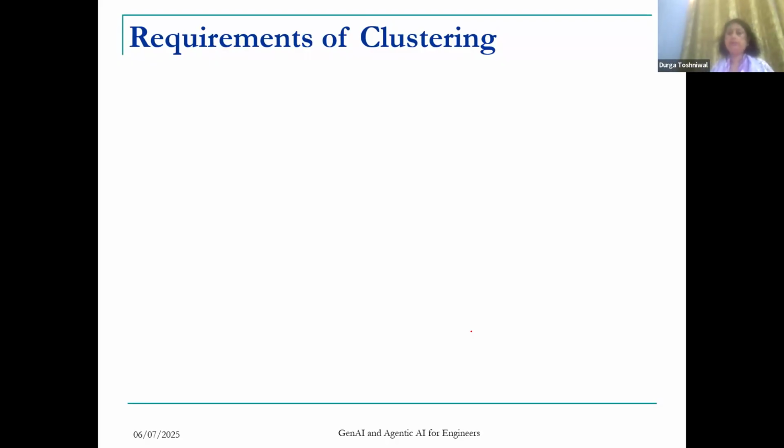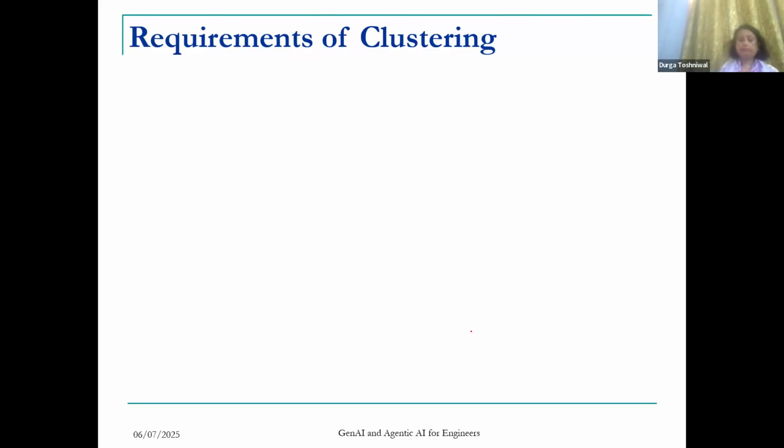So the first thing I want to say is that our clustering method is not going to help us identify how to cluster. The notion or the measure to be used needs to be chosen by us, right? The algorithm cannot choose a clustering measure for us. That choice needs to be done by us, but it should be done in such a way that we are able to identify the correct clusters.